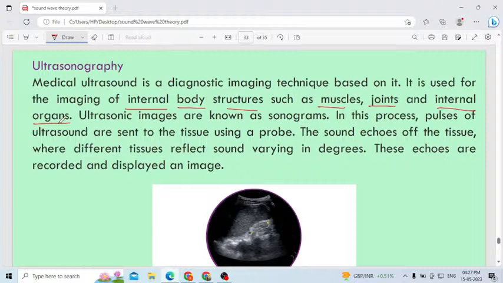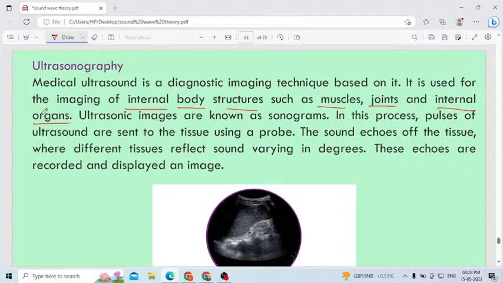If there is any cancer, any extra growth in the organ, you can easily identify it with the image.